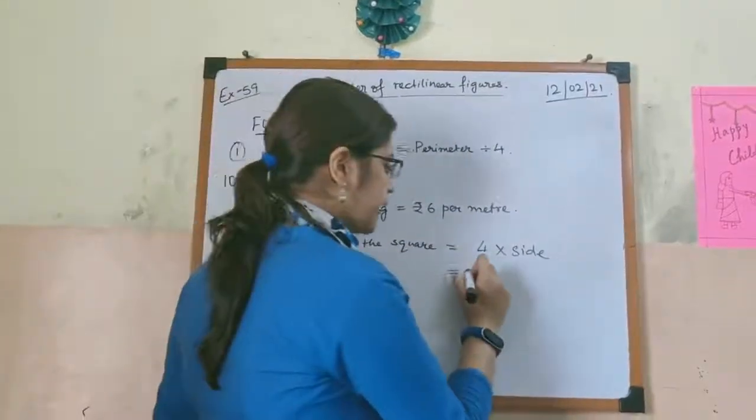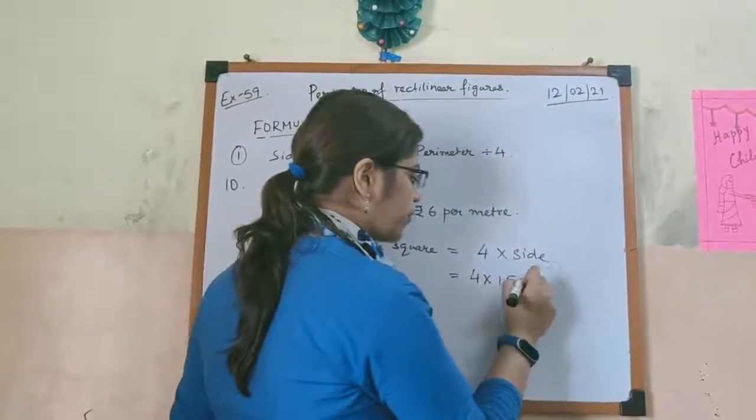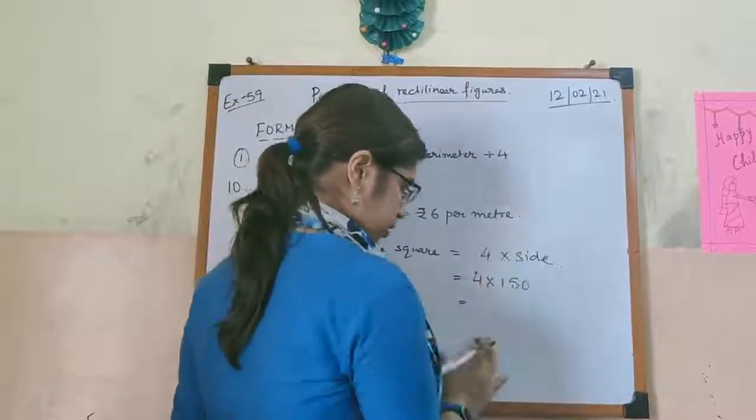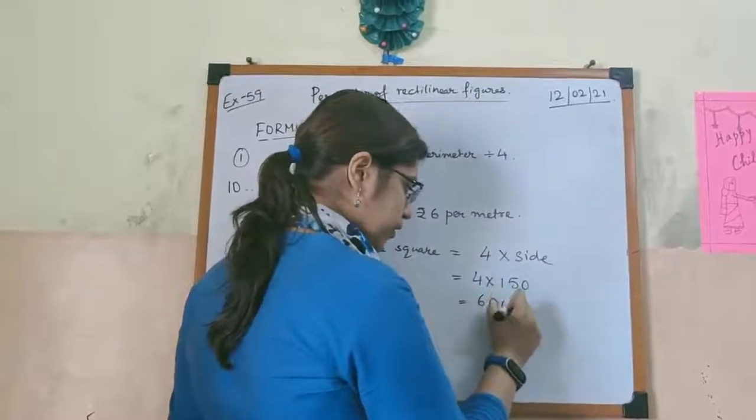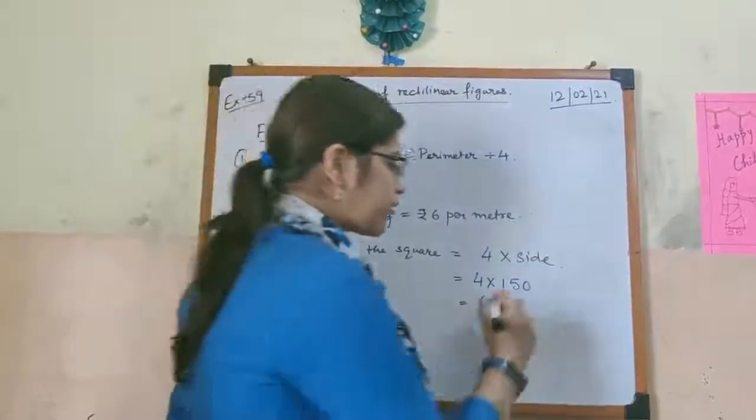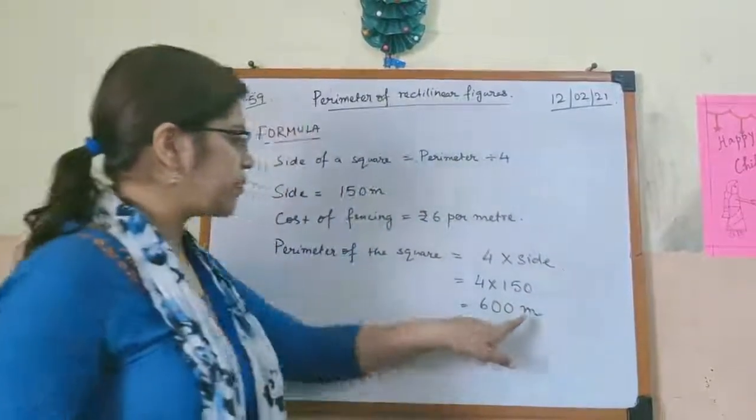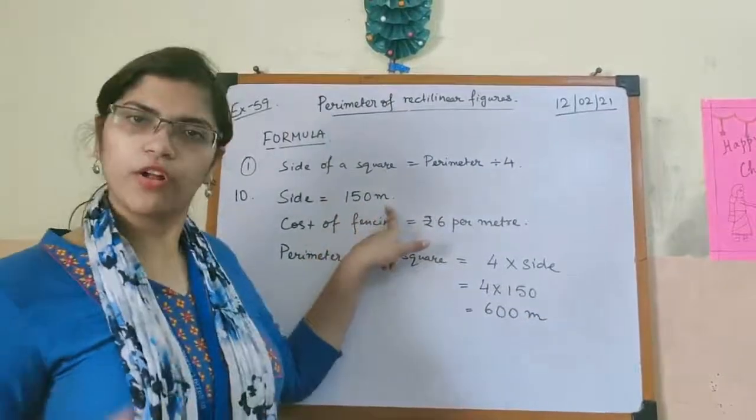So perimeter will be 4 multiplied by 150, which is equal to 600, and the unit will be meter because the unit of the side is also meter.